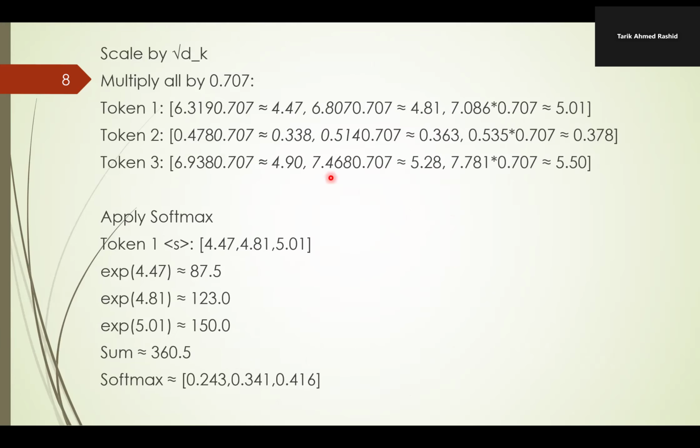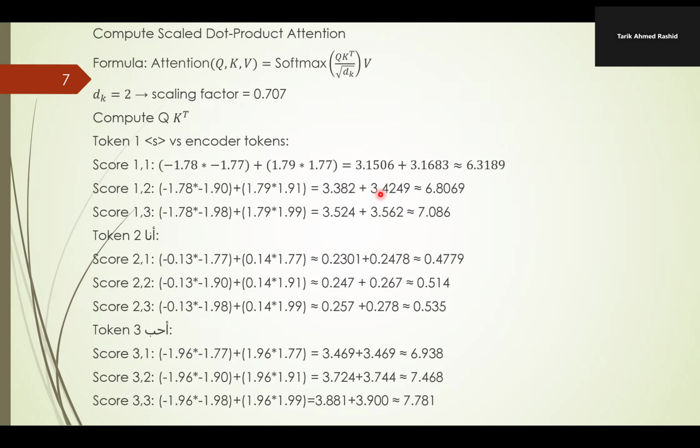Now, if we take each one of these values, for example, 6.3189 divided by 0.707 to scale it, and 68069 divided by 0.707, and so on and so forth, all of them.